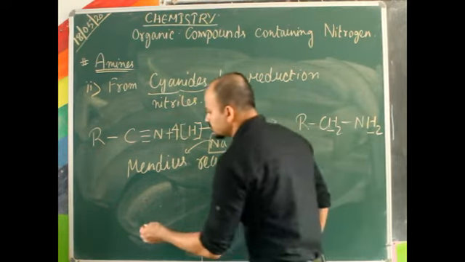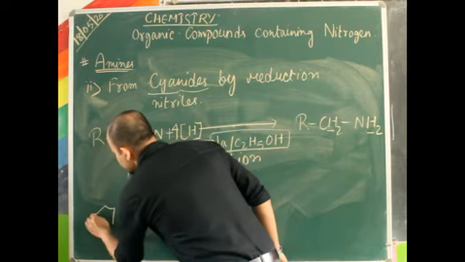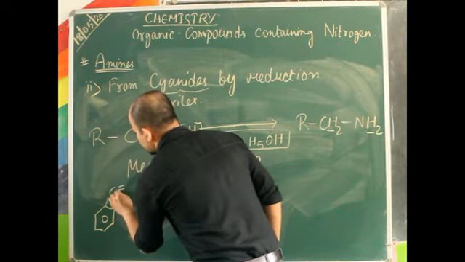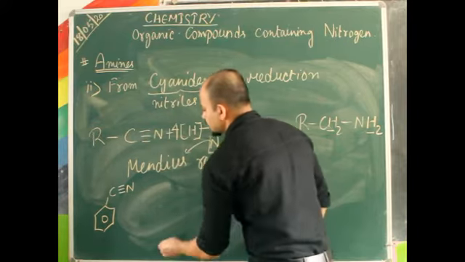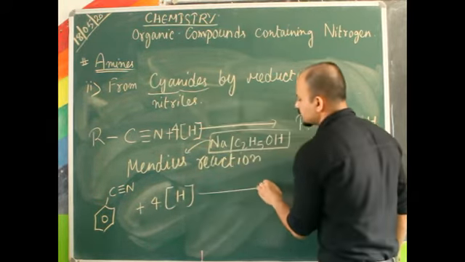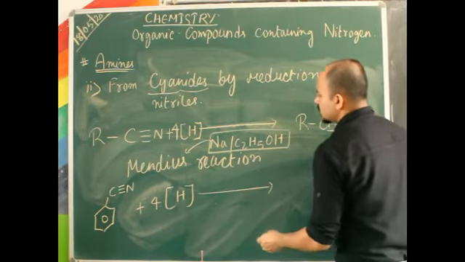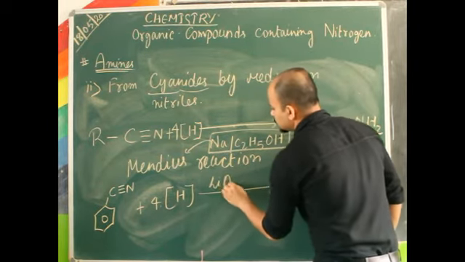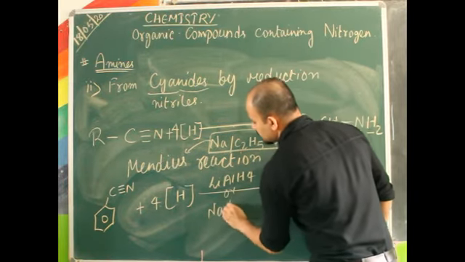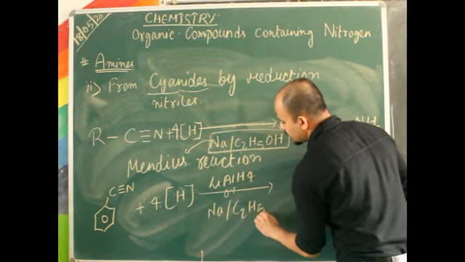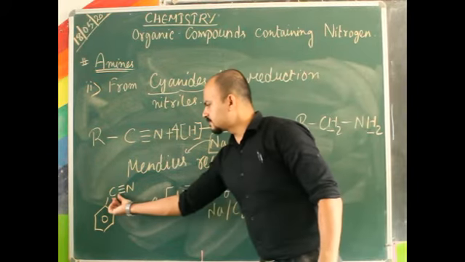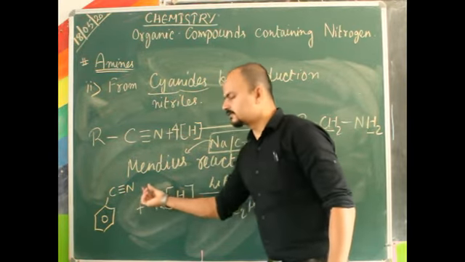So if you want to take one particular example with an aromatic ring, let's do it. So we have C triple bond N. Whenever it is reduced in presence of either lithium aluminium hydride or sodium in ethanol, C2H5OH, then what will happen? 2 hydrogens will be added to this carbon and 2 hydrogens will be added to this nitrogen.